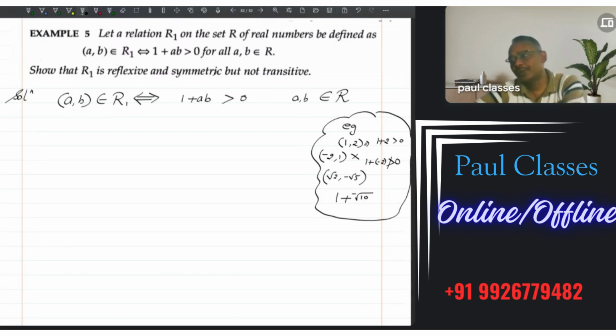Something 3 point, because 3 squared is 9. Root 10 would be some 3 point something. 1 minus 3 point something, will it be a positive number? No, it is not a positive number. Therefore, this is also not there. So you have come to know what is there and what is not there. Now let's come back. Is it reflexive?